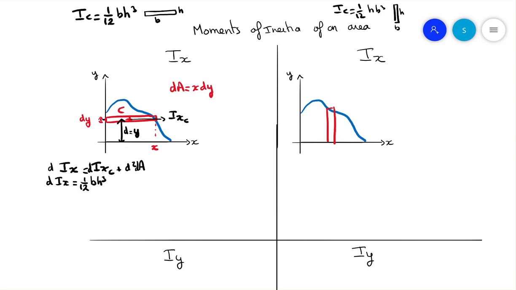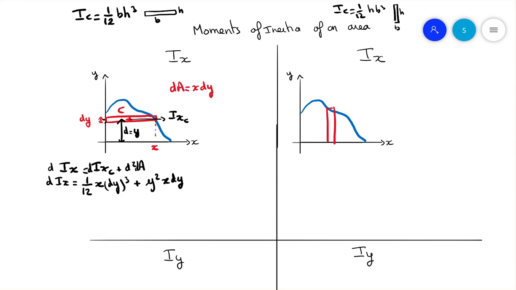Okay, so let's come back to our horizontal stripe. So 1/12 of hb cube is 1/12 of bh cube, sorry. So b is my distance x, and my h cube is my dy cube, plus the d square is the y square, and the dA is equal to x dy. Now the dy is very small. It's just a little stripe.